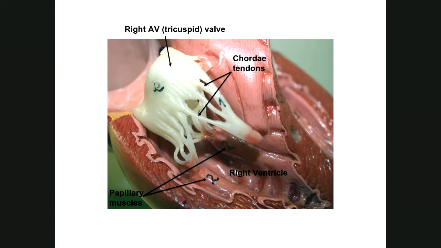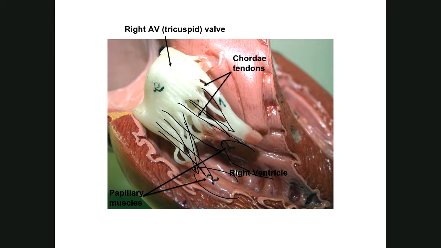Well, in the lecture about the heart, when we talk about how things work, I talk about what these things do. But just in a short few sentences, the job of these papillary muscles and these chordae tendons is to support the valve, because we're going to be pushing blood really, really hard against this valve.